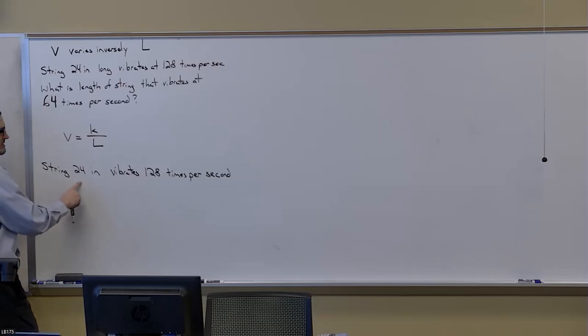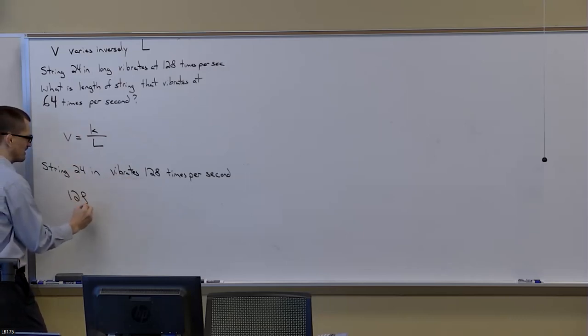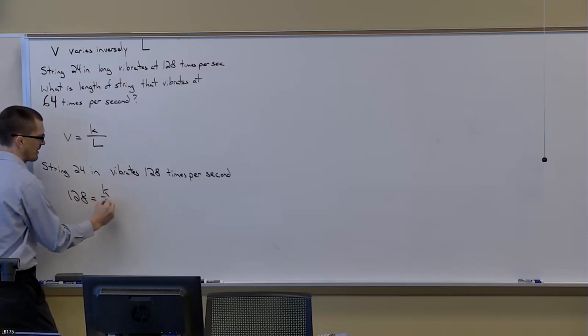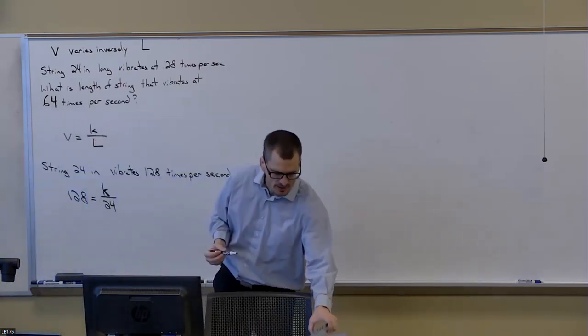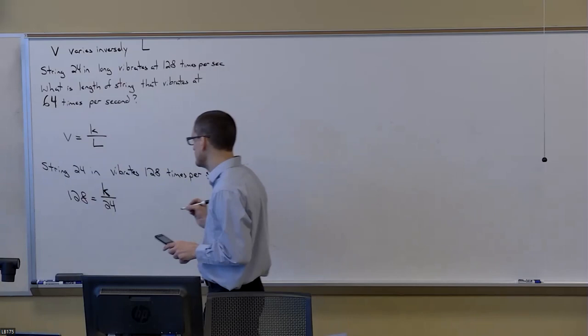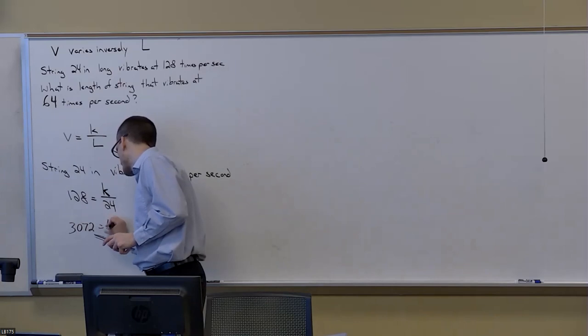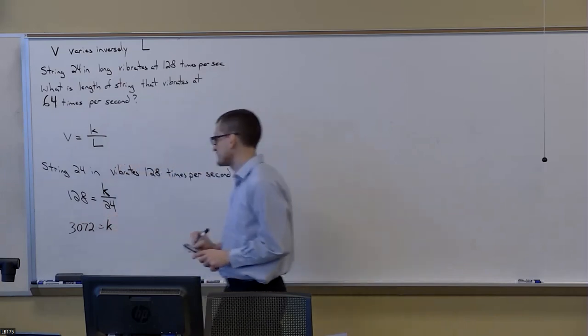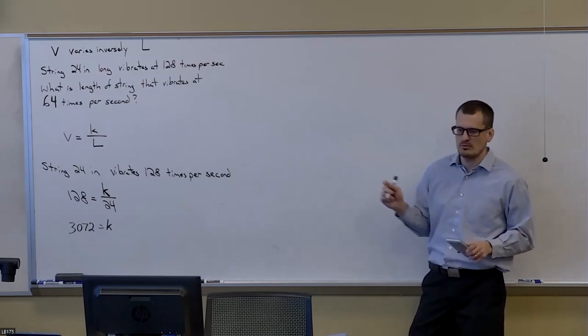Under this particular tension, a string of 24 inches would vibrate at 128 times per second. If I multiply both sides by 24, I get 3072 is equal to K. So K is 3072 after I multiply both sides by 24.